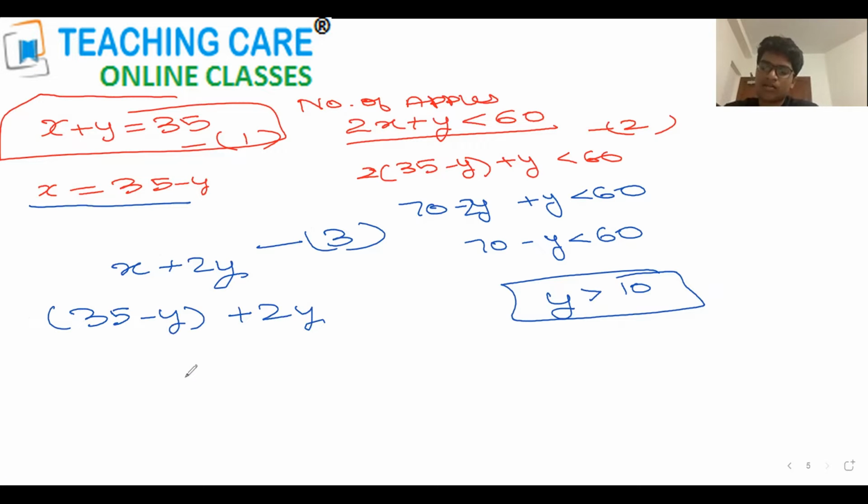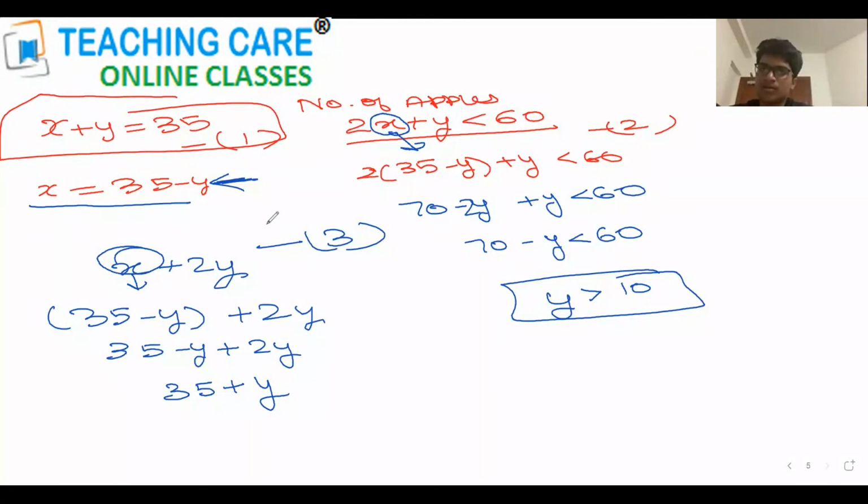Wait, how is that 2y there? I'm not getting what exactly is your doubt. See, the way we have substituted the value of x here, similarly, we have substituted it here. I don't get the part where you wrote 35 minus y plus 2y.